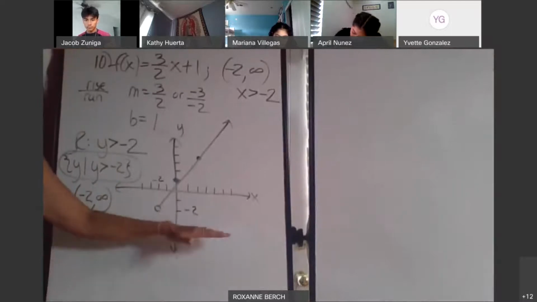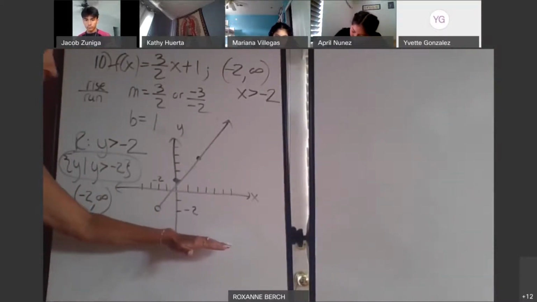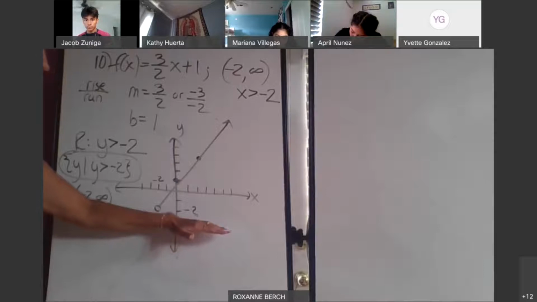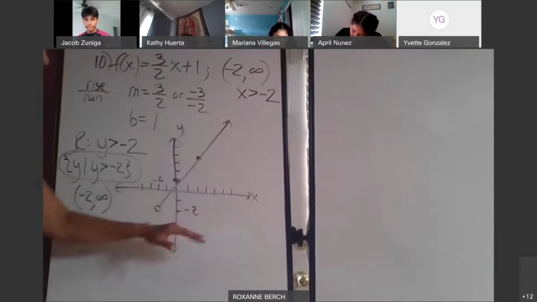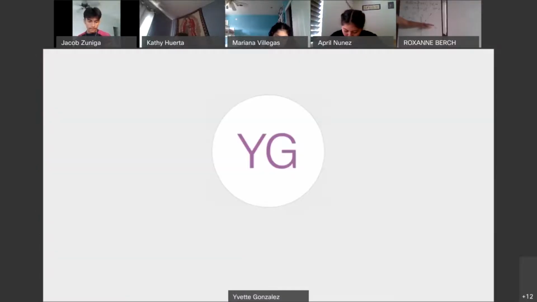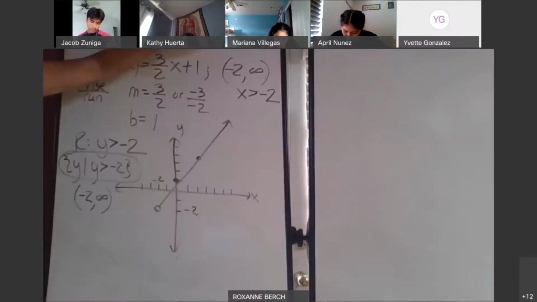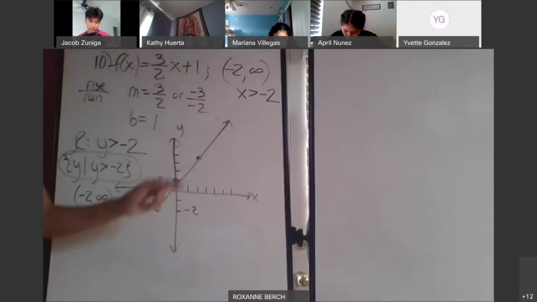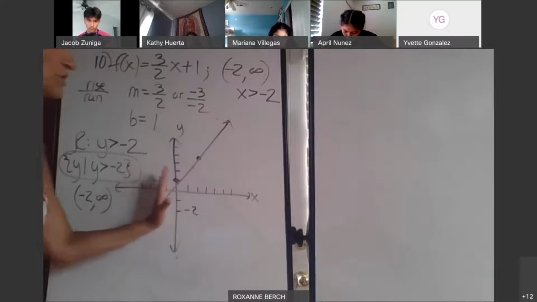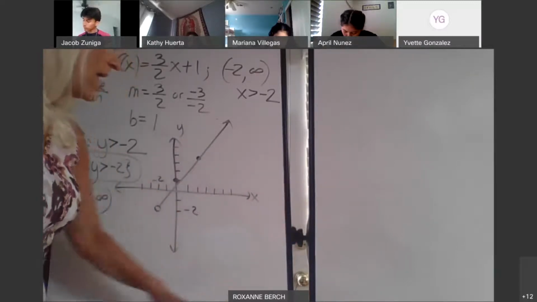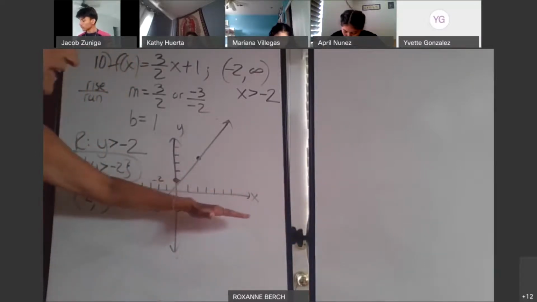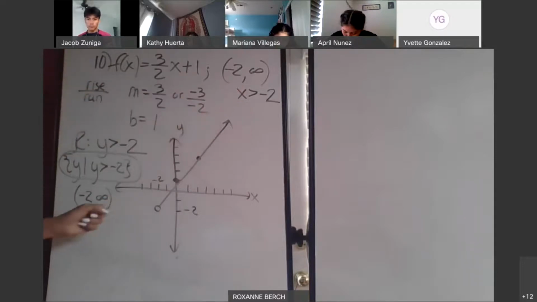So the graph does not exist down here. The graph starts existing where? At -2. Right. And it's from -2 up forever. So the domain is open on -2 right forever, and the range is on -2 up forever.